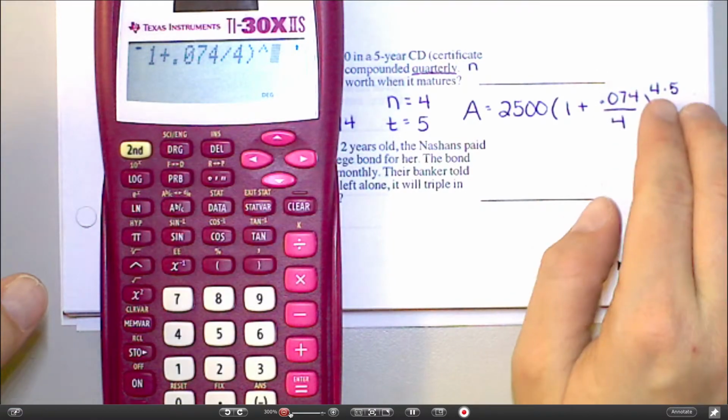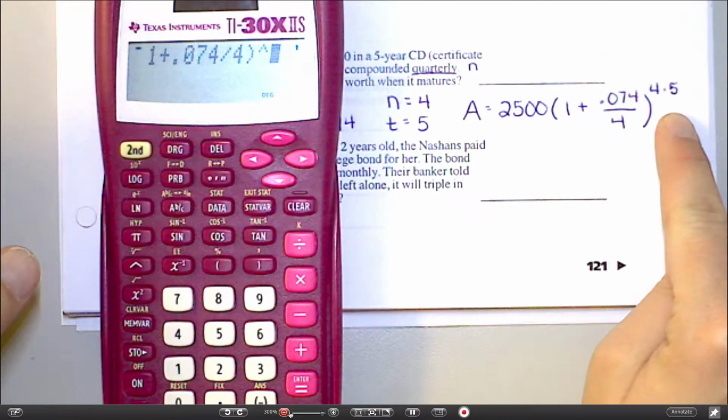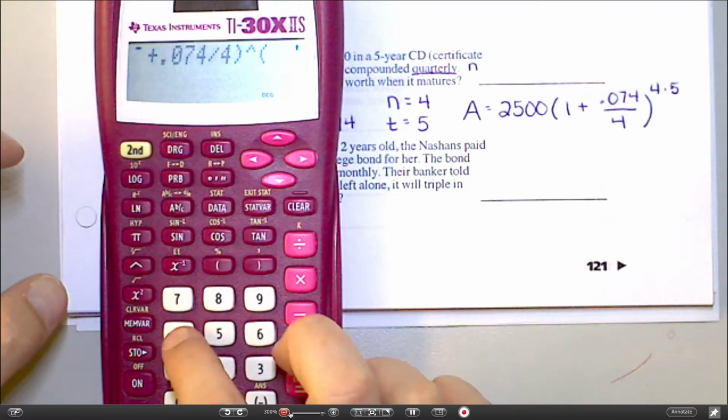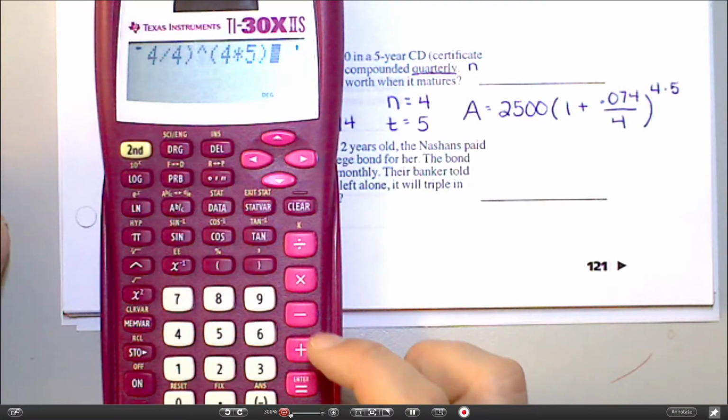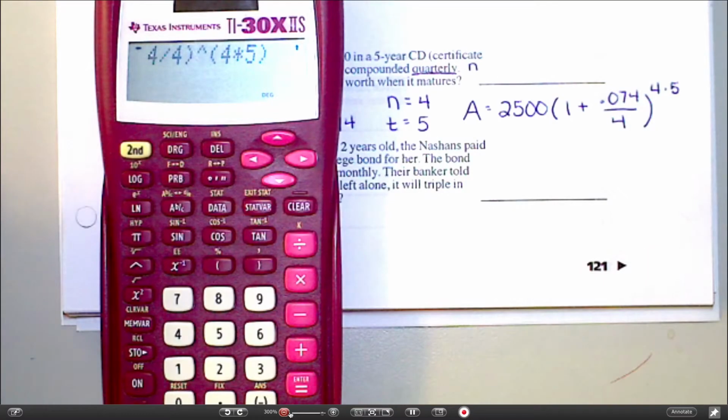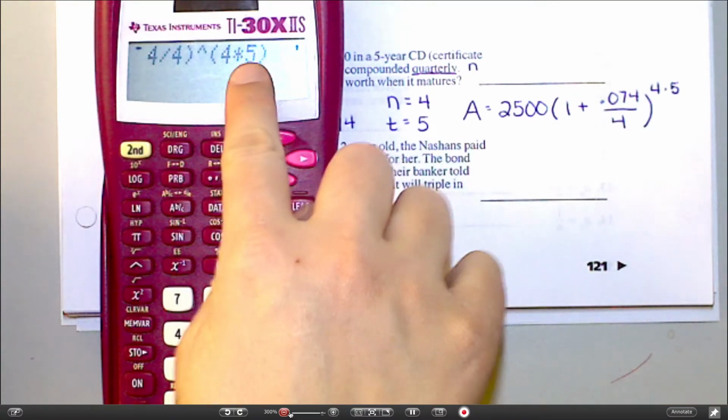You're putting 2 numbers in the exponent, so you need to put those 2 numbers in parentheses, 4 times 5. Or if you wanted to just multiply ahead of time and know that it's 20 and just go to the power of 20, that's fine. But if you're doing that, you've got to put the 2 numbers in parentheses.